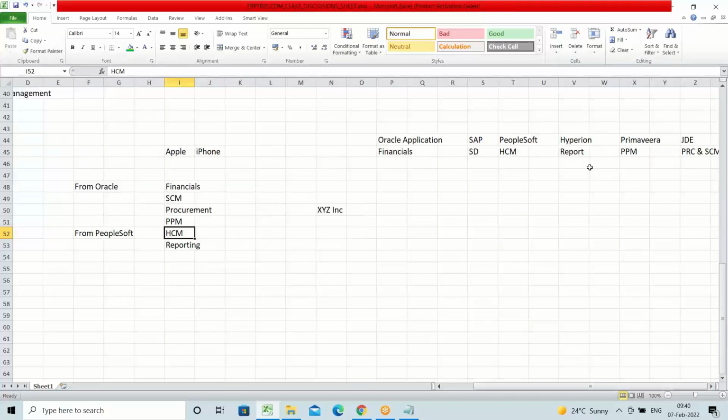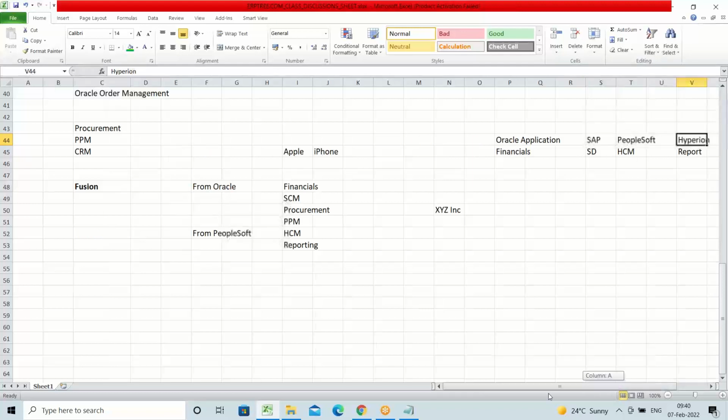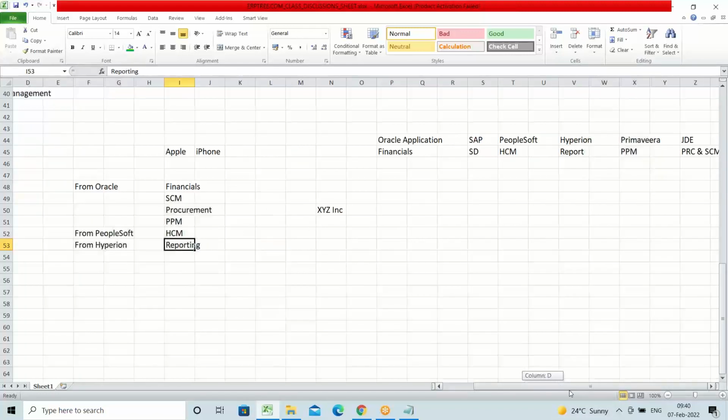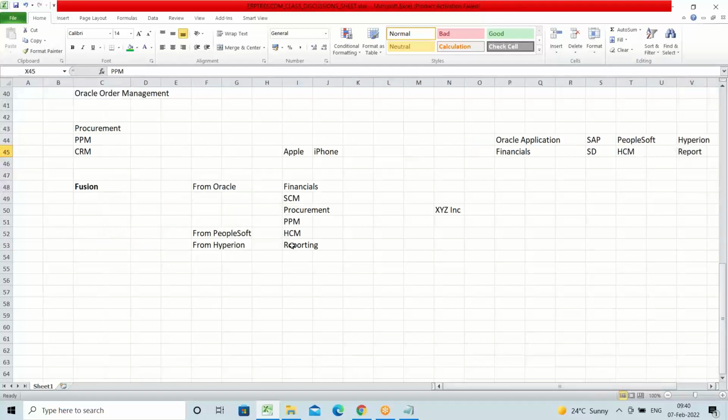And in the market, the reporting solution is good in which product? Hyperion. Hyperion also Oracle purchased. Okay, from Hyperion, they took a reporting solution. And project solution is good in the Primavera. They purchased Primavera.